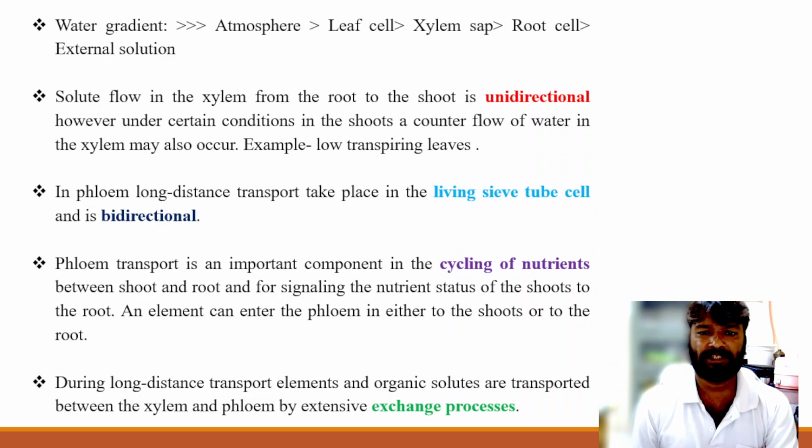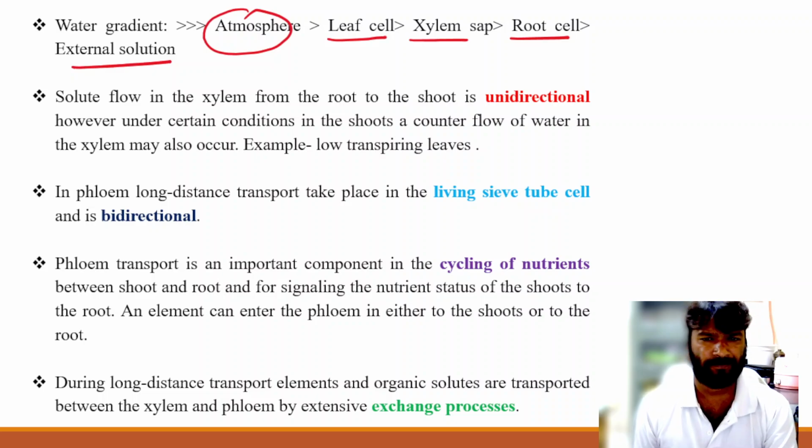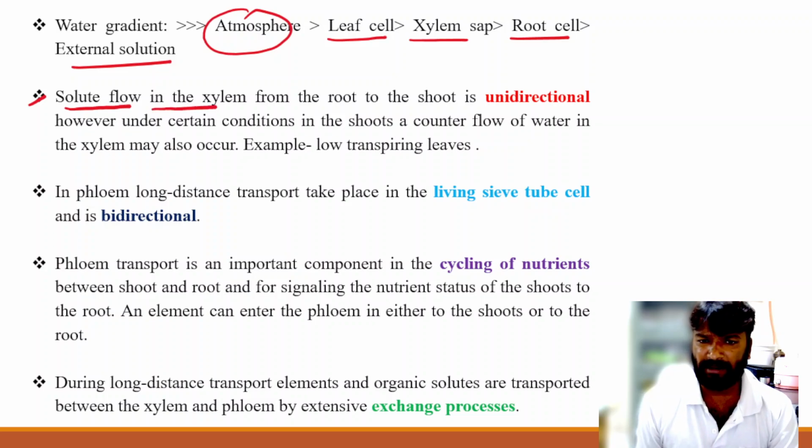So this is the water gradient. It is high in the atmosphere, then leaf cell, xylem cell, root cells, and the external solution. Then the next point is that solute flow in the xylem from the root to shoot is unidirectional.